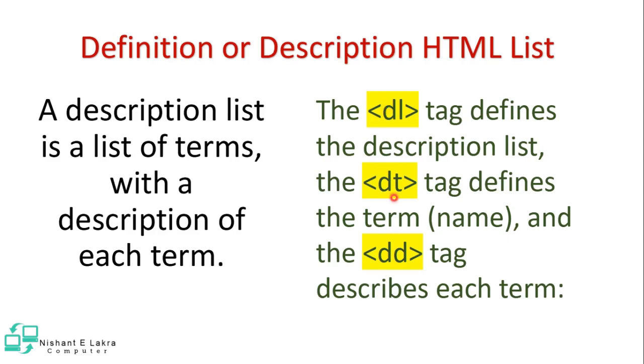The DT tag defines the name that is present in the term. The DD tag describes each term, that means each name that is mentioned. So this is how we use the definition and description HTML list.